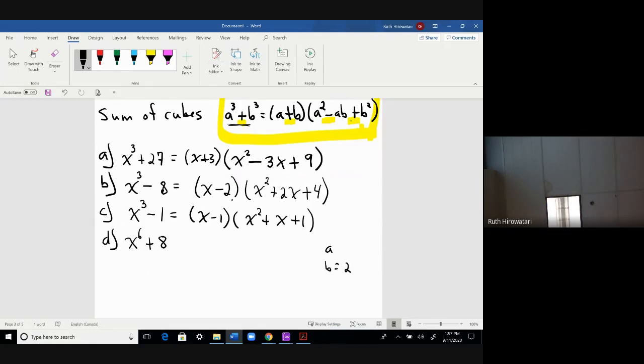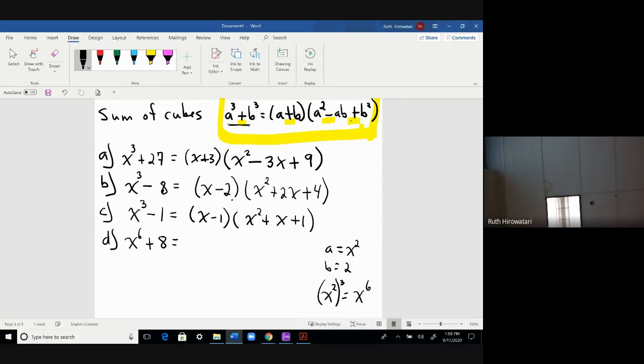But what would I need to cube to get x to the 6th? I would need to take x squared and cube it, because x squared all cubed means x squared times x squared times x squared. That's how I get my x to the 6th.